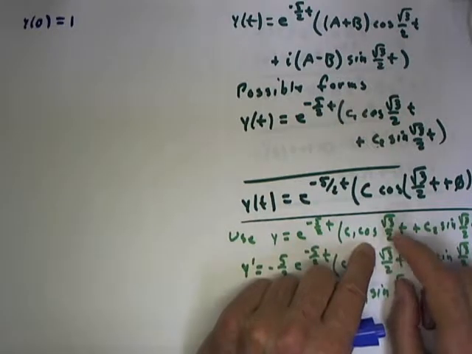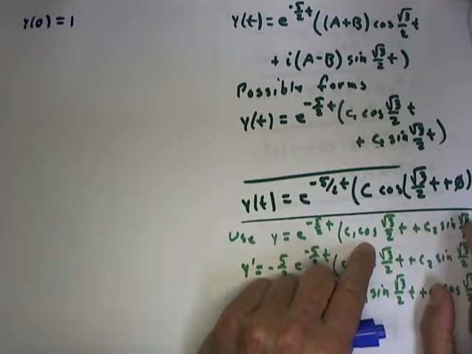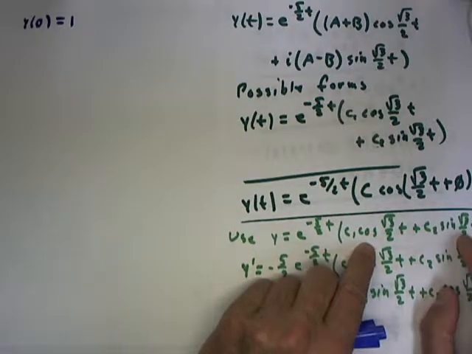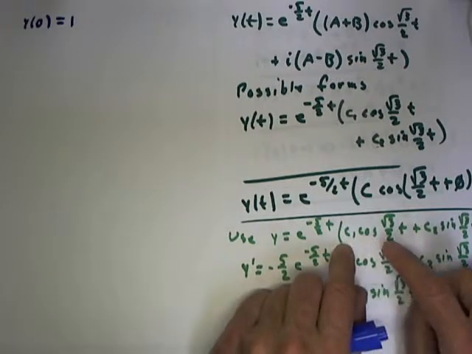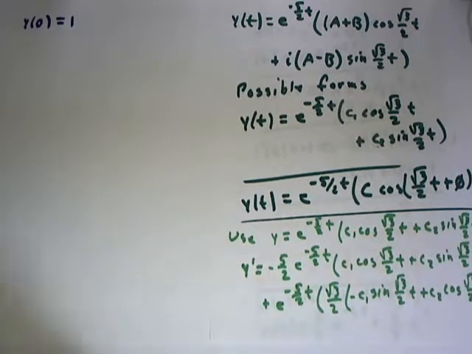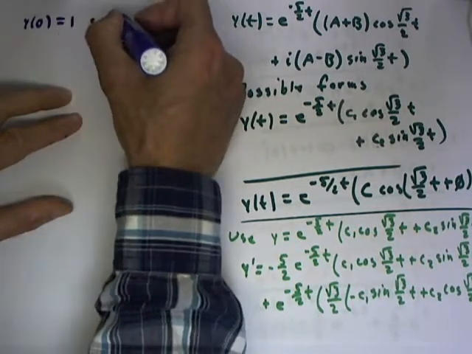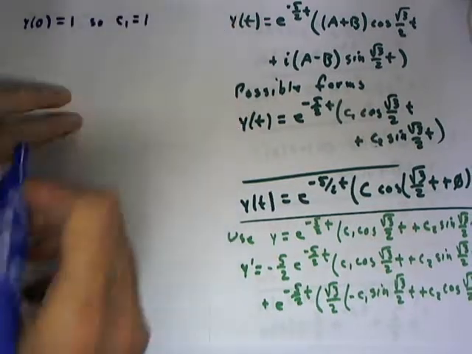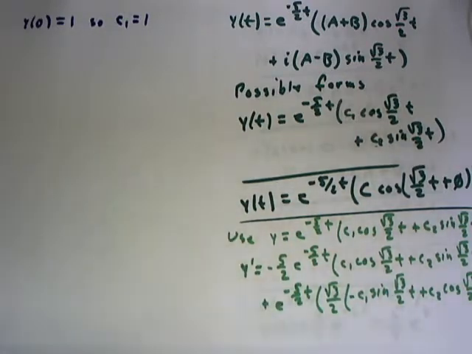The cosine of square root of 3 over 2 t is the cosine of 0. That's 1. C2 sine of square root of 3/2 t is C2 sine of 0. Sine of 0 is 0. So this term gives us 1. This term gives us C1 times 1, which is just C1, and this term gives us 0. And from that we conclude that C1 equals 1.